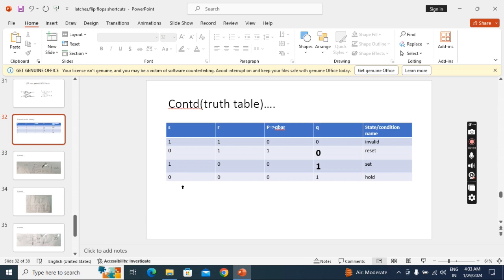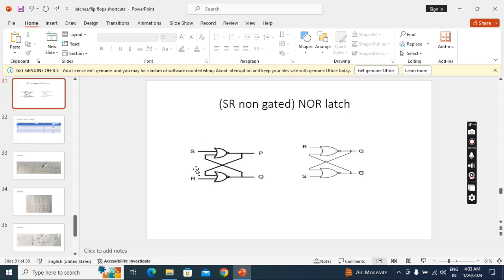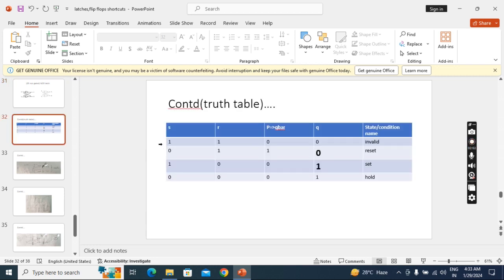We don't know the second input of each gate, so I cannot predict the output, because there is no output at that time to feed back. So we have to start from 1 1.